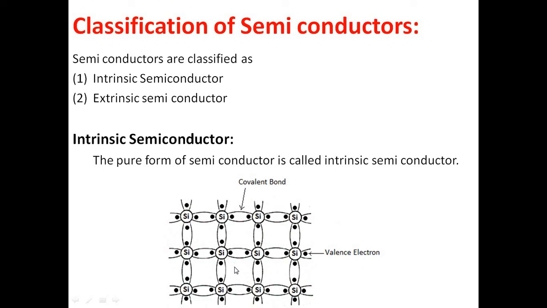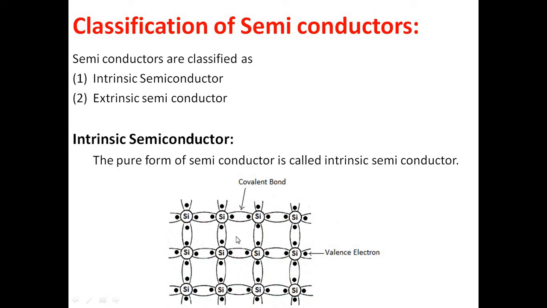If you apply some external energy, some of the covalent bonds are going to break. What will happen? The valence electrons in the covalent bond will come out from the covalent bond and become free. Let us think that here I have a valence electron. If external energy has been applied, it will gain that energy and come out from that covalent bond.